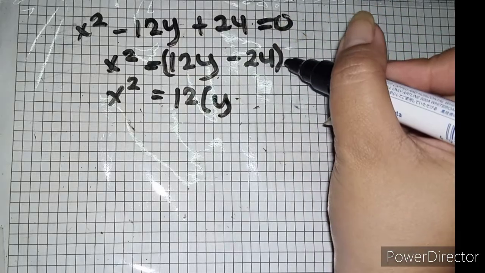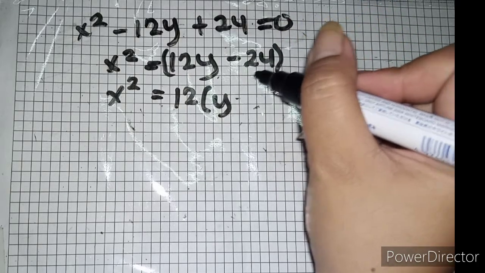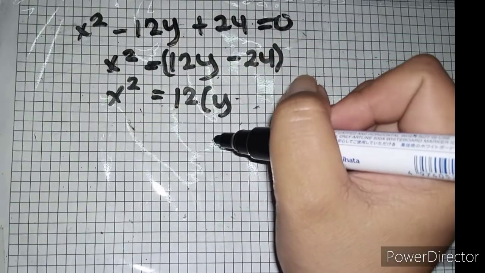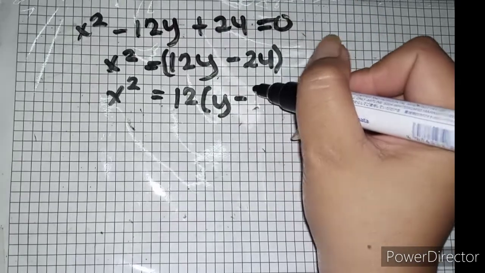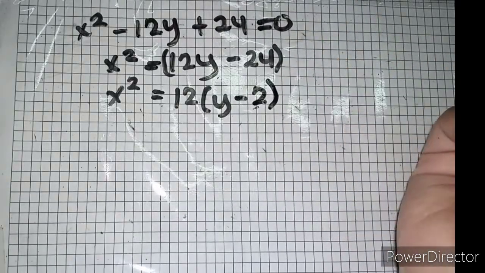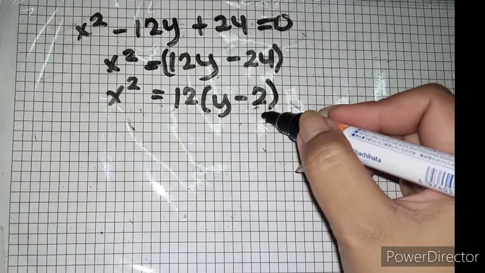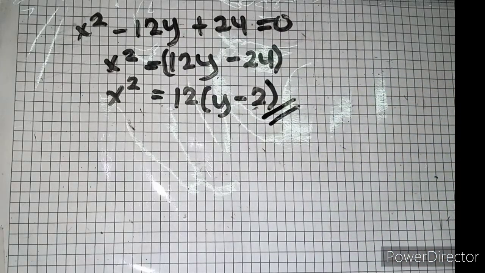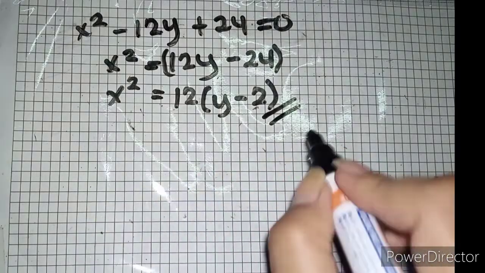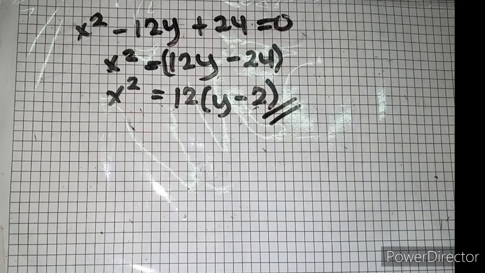Then negative 24 divided by positive 12 is equal to negative 2. Okay? So, this is now our standard form.